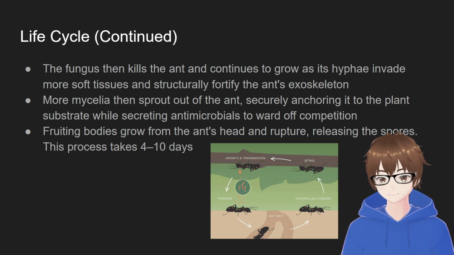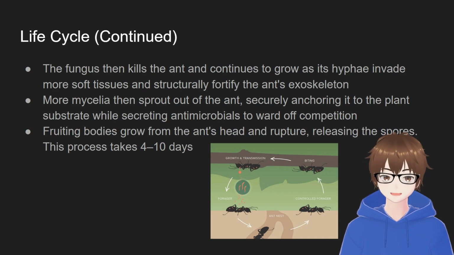Then the mycelia sprout out of the ant, securing and anchoring it to the plant, and then also into the substrate while secreting antimicrobials to ward off competition. So whenever it has completely taken over the ant, then it will start to sprout into the plant itself or the substrate that it is on to better anchor itself, I guess.